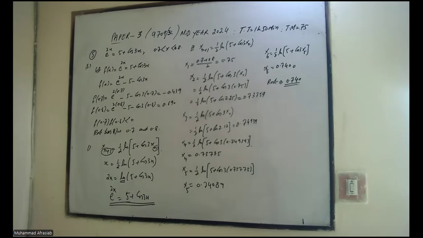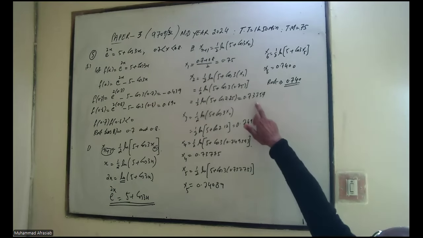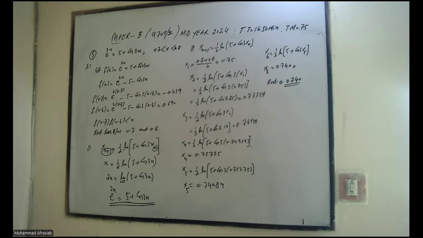Now we have calculated x2, which is half ln of 5 plus cos of 3 into x1, and the x1 value is 0.75. So that value, after calculation, is equal to 0.73579.